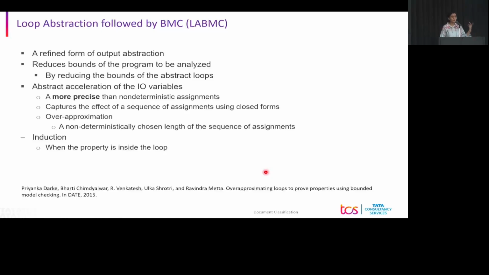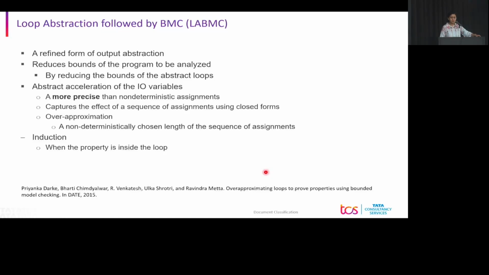So what to do so that even without knowing the number of times that the loop has to be iterated, how do you find closed forms, or how do you accelerate those variables? Because it is a challenge to compute the number of iterations that each block or each variable would be incremented in.